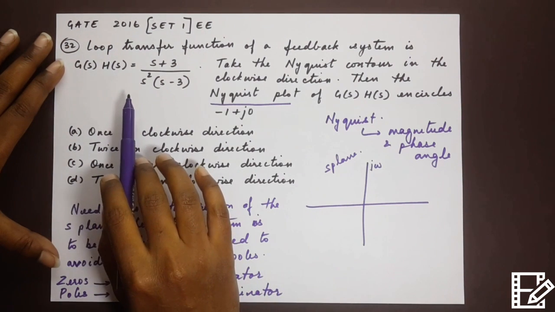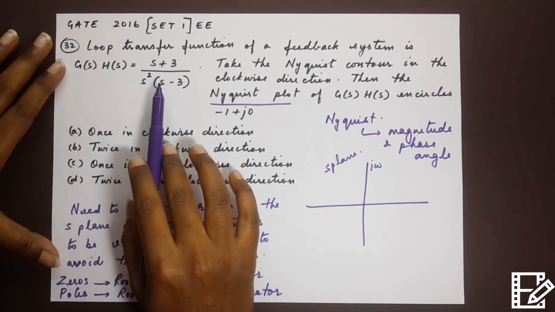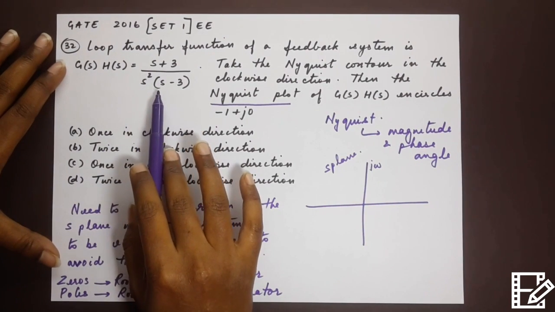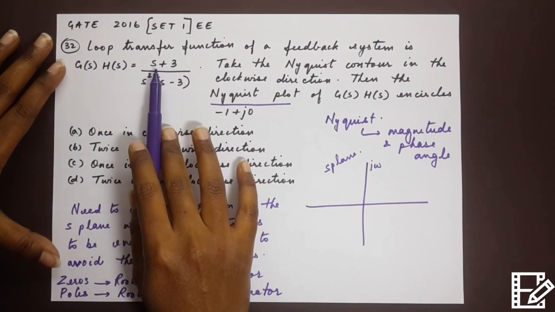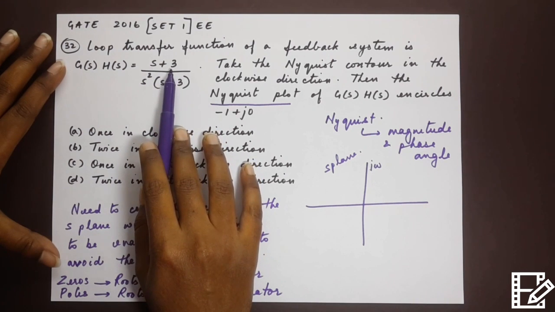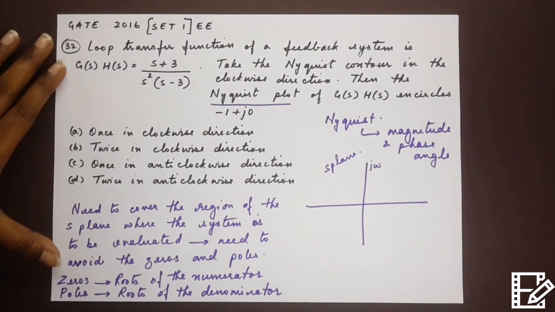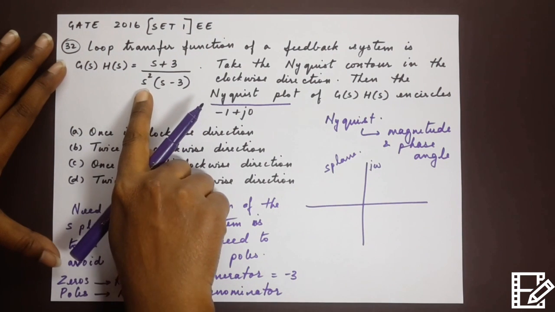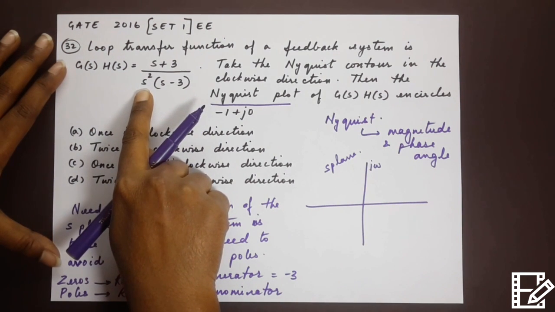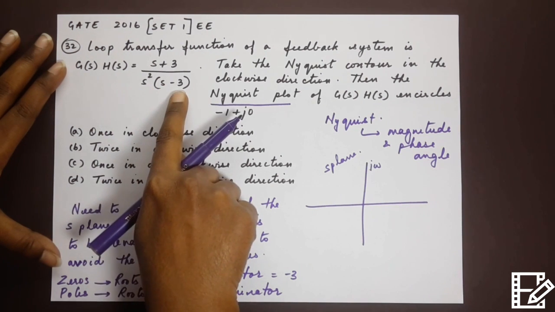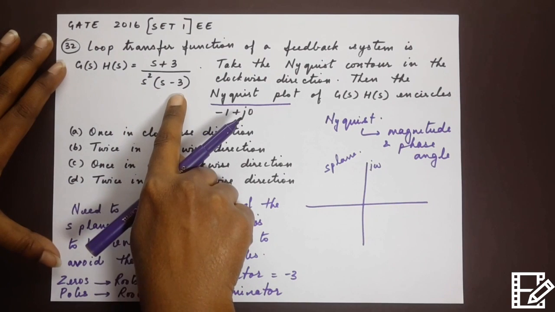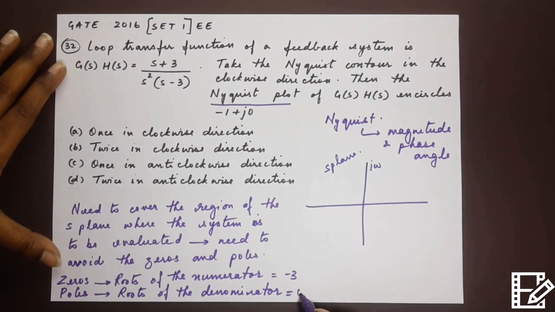Look at the transfer function given to us. G(s)H(s) is equal to (s + 3) / (s² (s − 3)). This means that −3 is a zero. For the denominator we have s², which means 0, 0, so there are two poles, and then the third pole, so altogether 3 poles: 0, 0, 3.